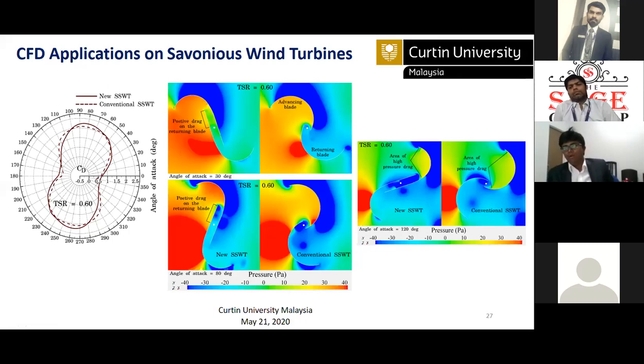Then we tried to understand the different forces in terms of drag and lift, how those are acting, and how the new blade is contributing to the power. For the new blade, we have seen that the returning blade, which in the conventional design normally gives a negative power to the total conversion, is actually giving some positive power or positive drag to the total power.